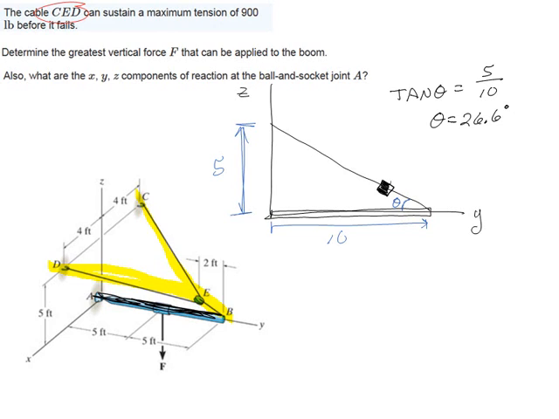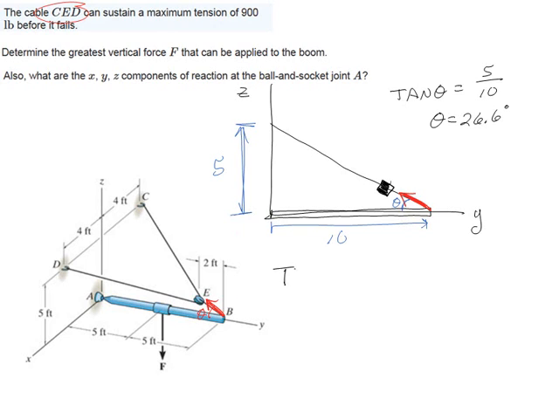So if I'm looking at the boom from this side, that T1 or T2 that we labeled, that T2 is going straight along here at 26.6 degrees.